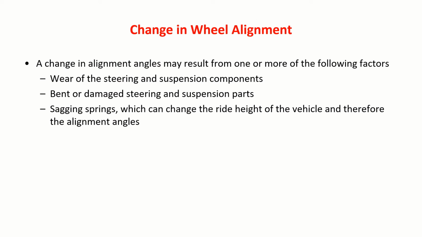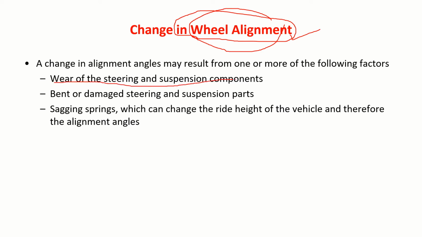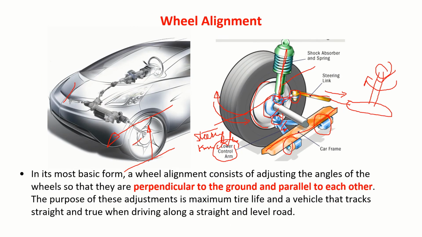Now, though we adjust the angles and set the system, however with time there will be changes in the wheel alignment. The changes happen because of wear of the steering and suspension components. If you see here, I'm using bushes. After some time, the bushes may lose their mechanical properties.